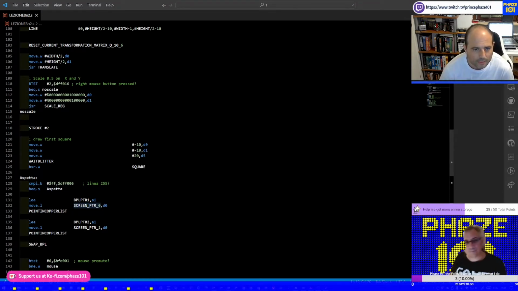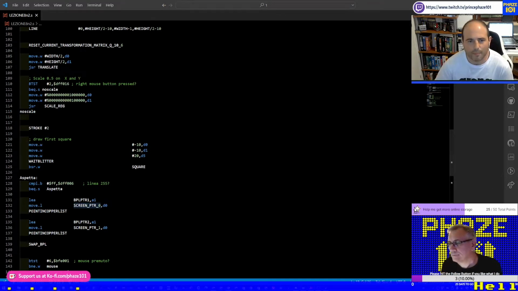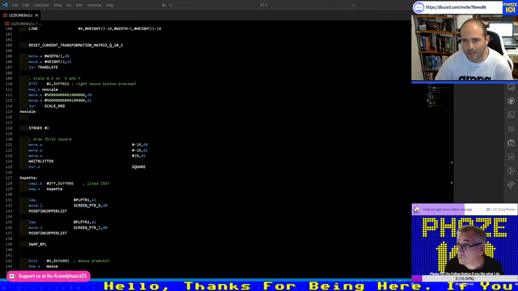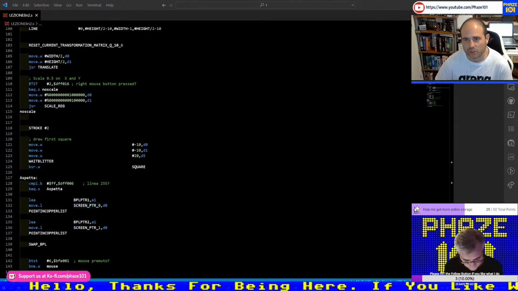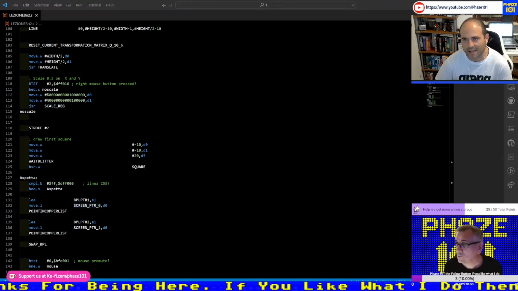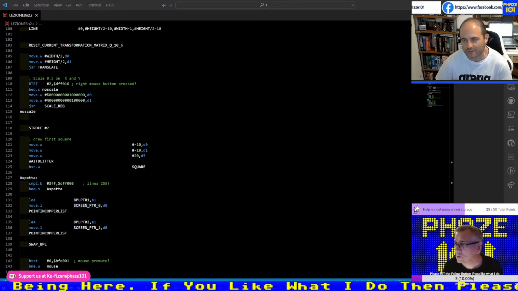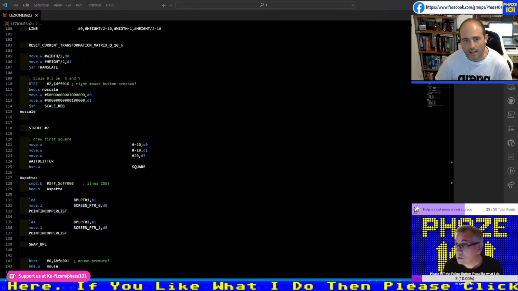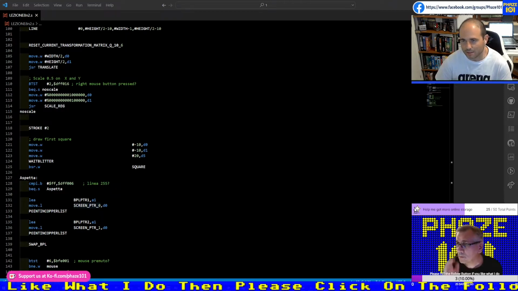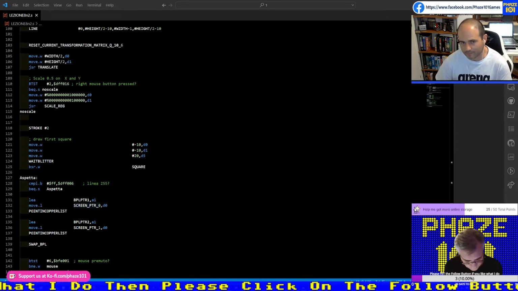So there is this jump to the square function again. And just a reminder, the square routine draws into the bit plane a square at position -10, -10. These are the x and y coordinates of the top left corner. And 20 into d5 is the size of the square.